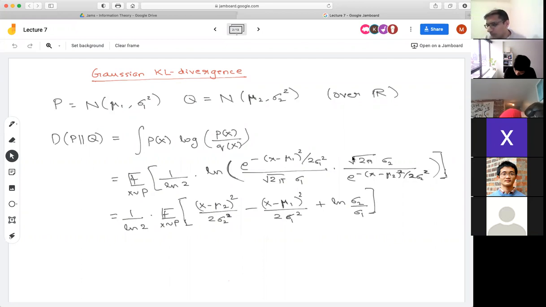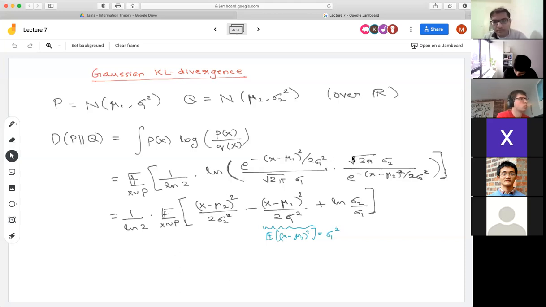We know that the expectation according to the distribution P of (x minus mu1) squared is sigma 1 squared anyway. That's just the definition of sigma 1, so that term is pretty easy to calculate.